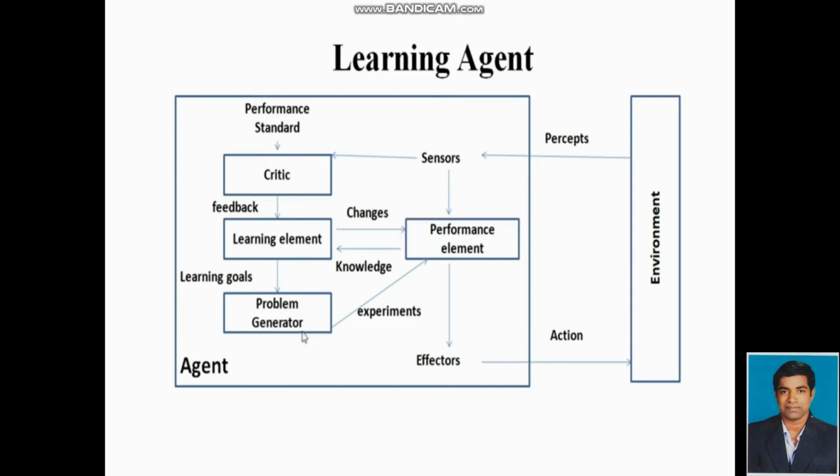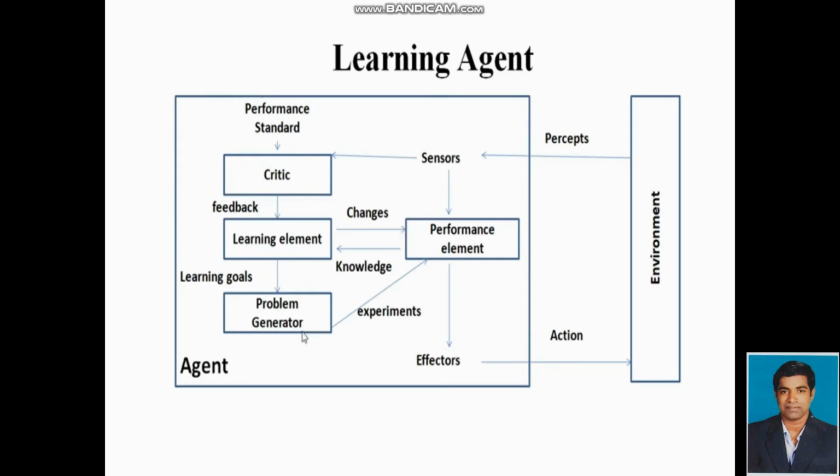In the learning agent diagram, we are taking the historical experience as well as the present scenario. First, the sensor is perceiving all the inputs from the environment, and that is given to the critic as well as the performance element.